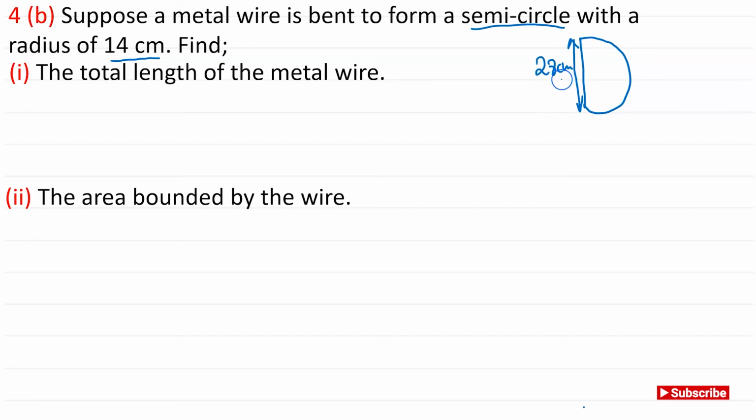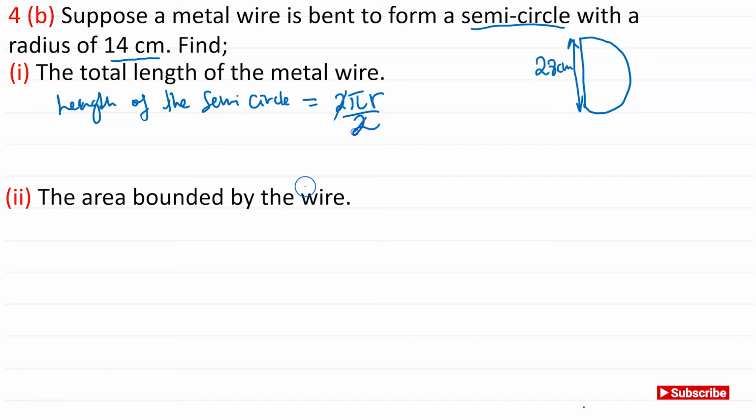So how do we find the length of the semicircle? Well, it's just half of the circumference. So the length of the semicircle is going to be equal to the circumference, which is 2 pi r, but we need to halve it, divide by 2.